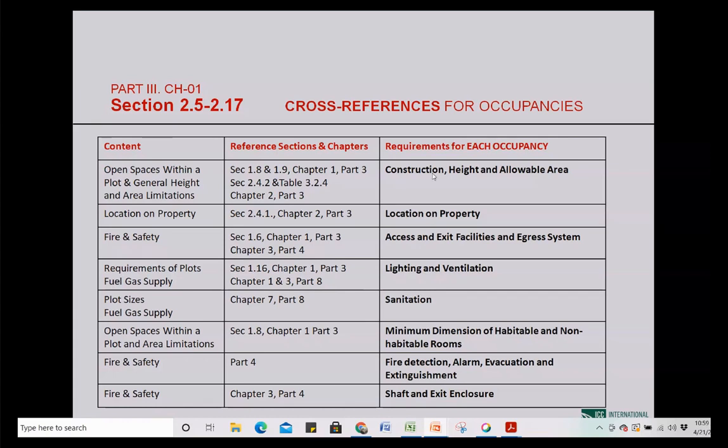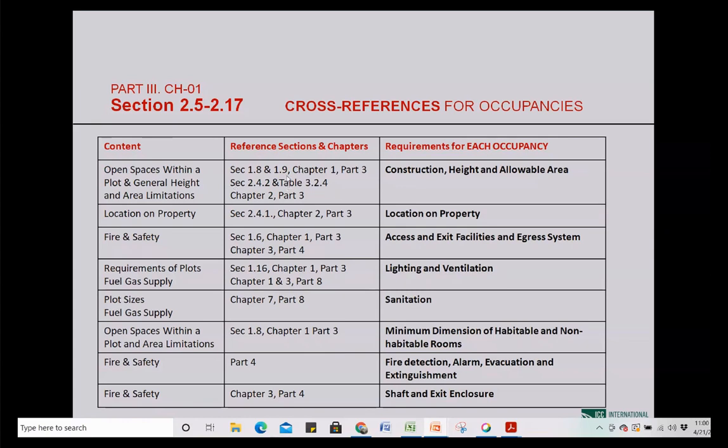For construction, height, and allowable area, we will visit section 1.8, 1.9, chapter 1, part 3, and section 2.4.2, table 3.2.4, chapter 2, part 3. So this is a common referencing point for the components here.